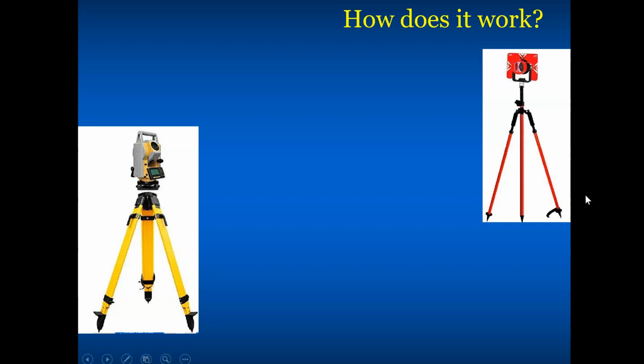When you use a total station, you need the instrument on one point, and you need a prism on the other point, on your forward station or your back station. So what the instrument will do is send an electromagnetic wave to the prism, and that wave will be reflected back to the total station.